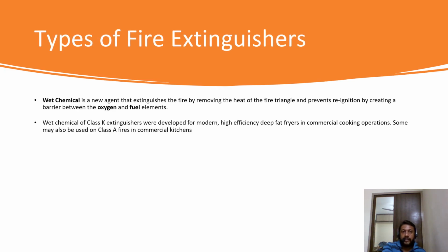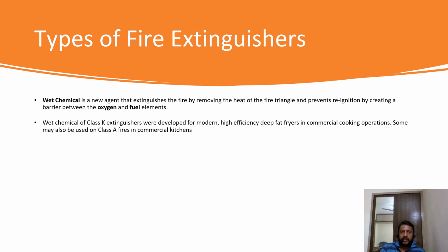And we also have wet chemical. This is a new type of agent that extinguishes the fire by removing the heat of the fire triangle and prevents reigniting by creating a barrier between the oxygen and the fuel element. So this wet chemical is a new category. It is used on class K, and class K and class F are both the same, used under two different names in some countries.